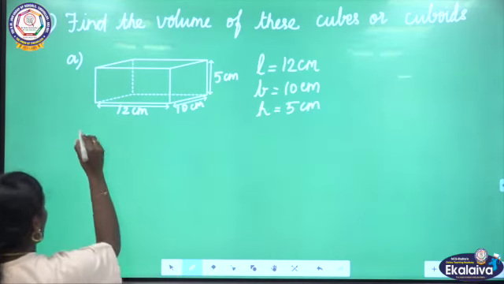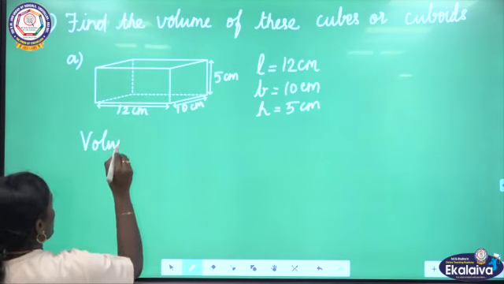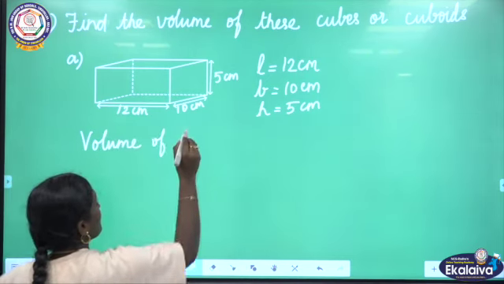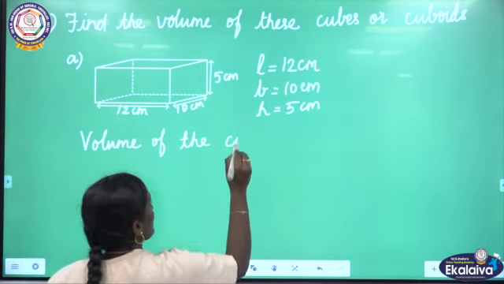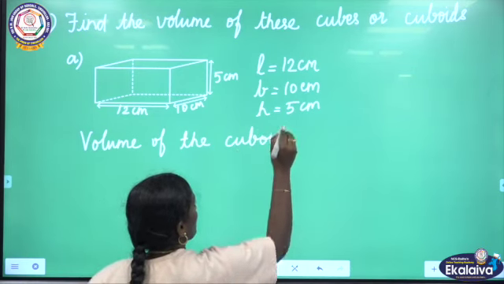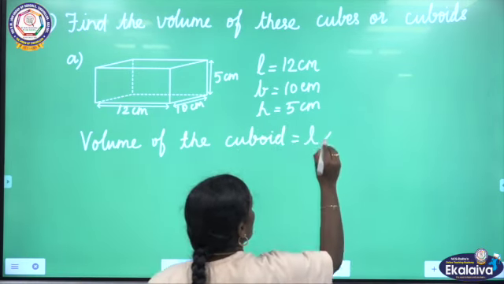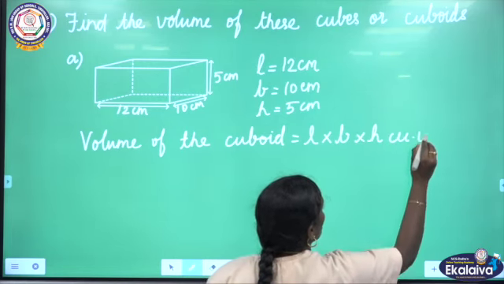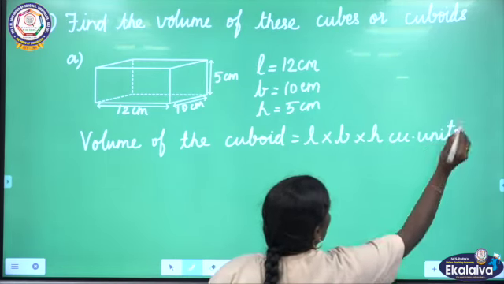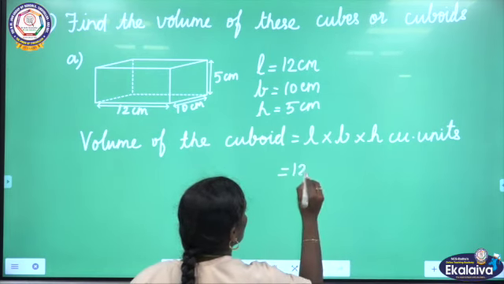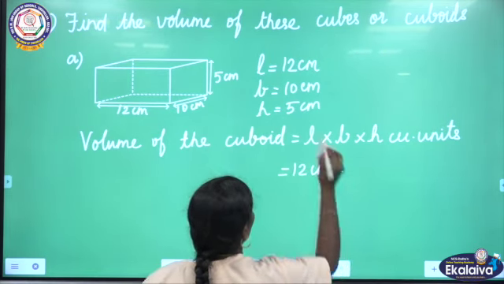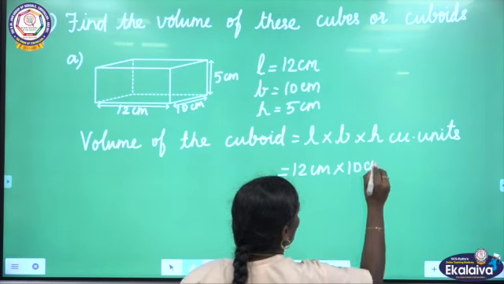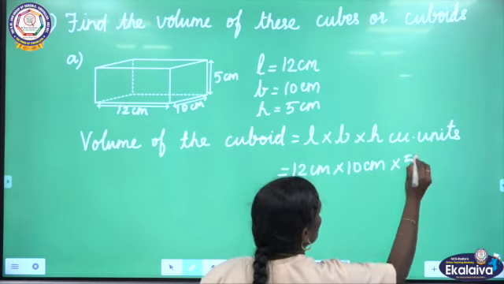Now we are going to find the volume of the cuboid, which is equal to length into breadth into height cubic units. So length is 12 centimeter into breadth 10 centimeter into 5 centimeter.